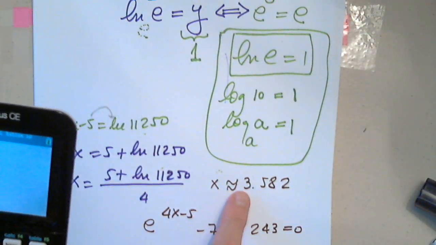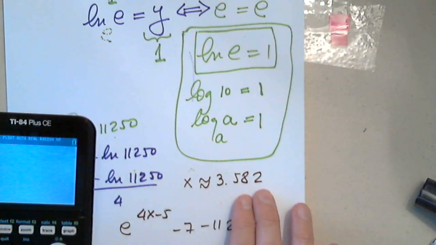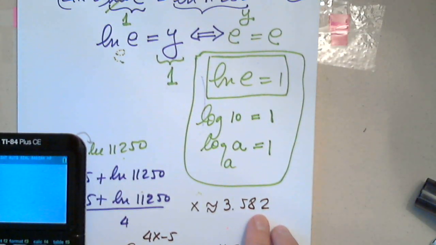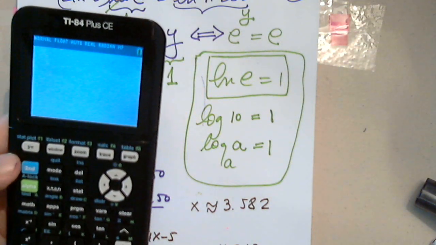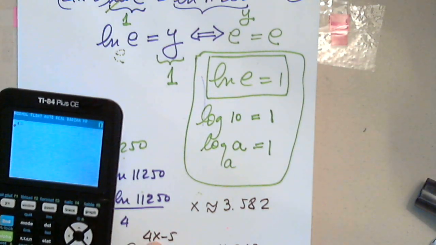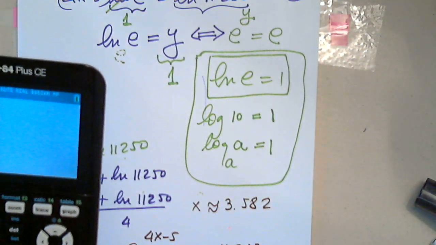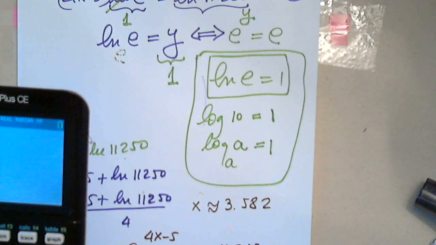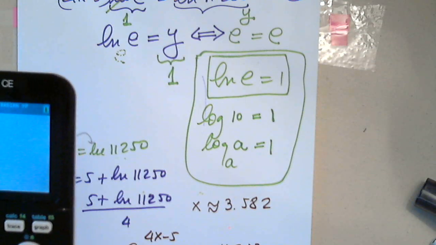So when you try to check, even if you don't want to put the complete answer, if you put a complete answer, you'll get 0. But let's say you want to type in what you have. You put e to the power, you have to put parentheses in front, and you have 4 multiplied by 3.582, and then minus 5, and now you close the parenthesis, then come down from there and put a negative 11,250.